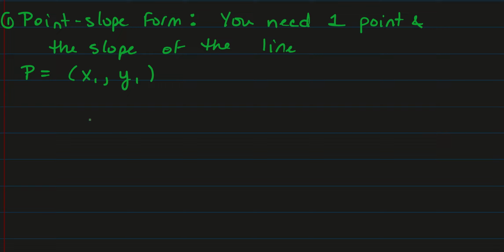And the formula is y minus y1 is m times x minus x1, where m is the slope of the line. So all you have to do is plug in this information into this formula, and then you will have the point slope form of the line. And what we usually do is we solve for y when we're done.